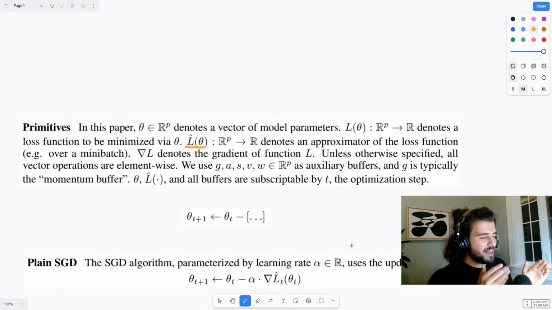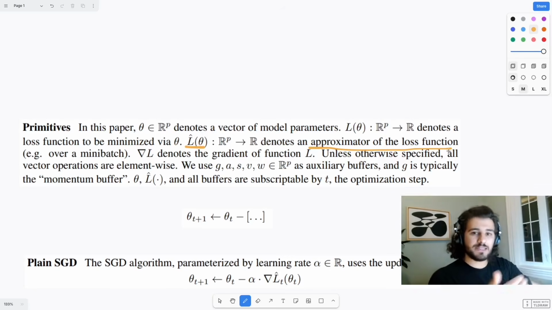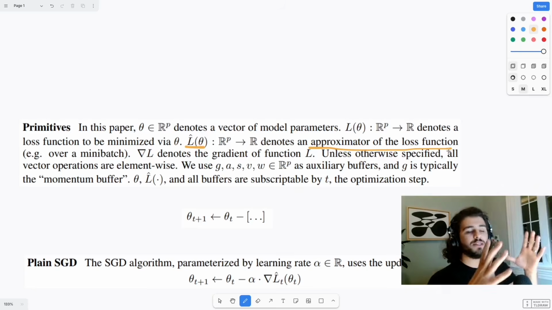Like you have L of theta hat. What the heck does that mean? It just means that it's an approximator of the loss function, right? So over a mini batch, that's all it means. So if you were coding this thing, you are given a mini batch, right? So like about 50 or whatever. And then through this, you average them out. And then this is how you make a step for the parameter through that mini batch.